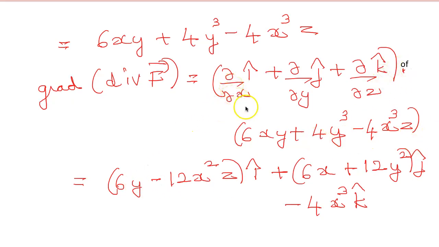That will be del by del x of this, which is (6y − 12x²z)i, plus the partial derivative with respect to y of this, which gives (6x + 12y²)j, plus the partial derivative with respect to z of this, which is −4x³k. So basically it is del of this.